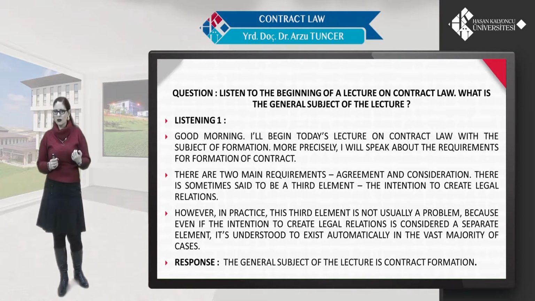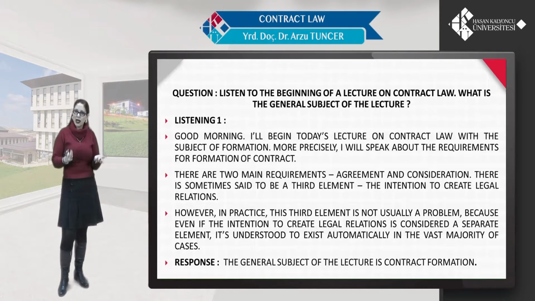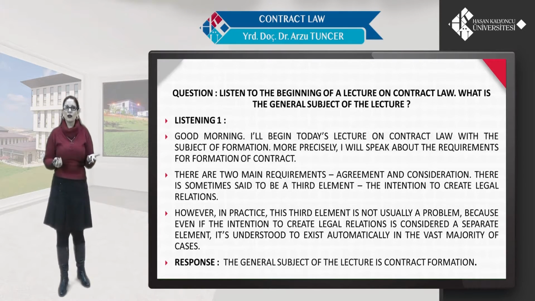There is sometimes said to be a third element, the intention to create legal relations. However, in practice, this third element is not usually a problem because even if the intention to create legal relations is considered a separate element, it's understood to exist automatically in the vast majority of cases.